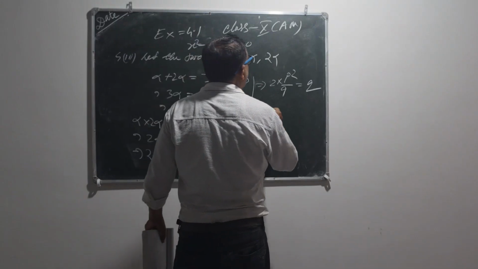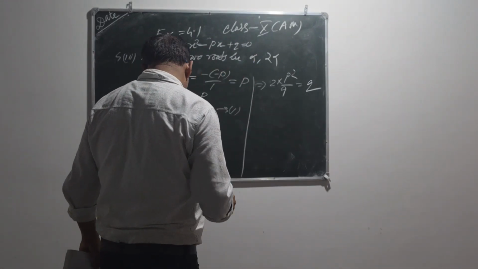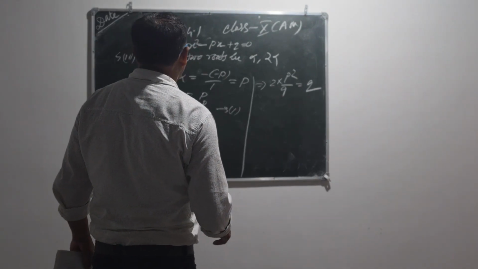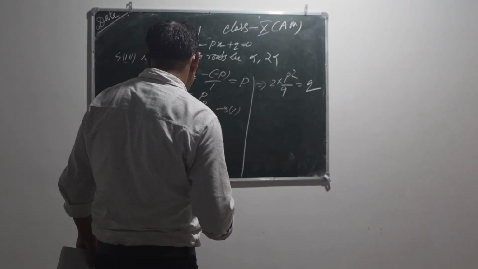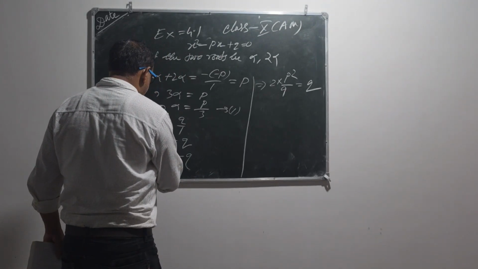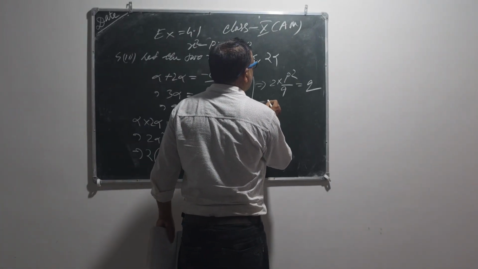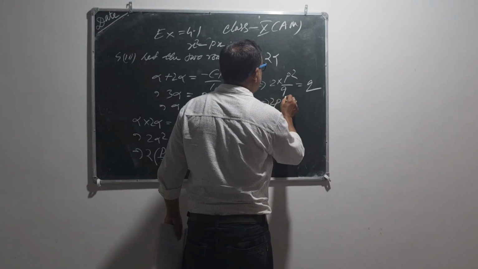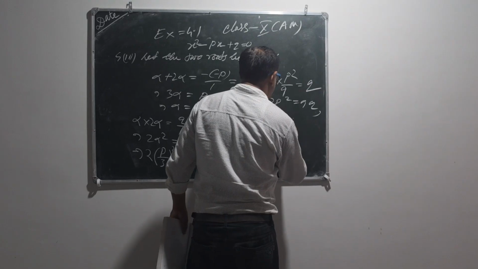Then finally we can say it will be 2p square equal to 9q. Which is the required condition?